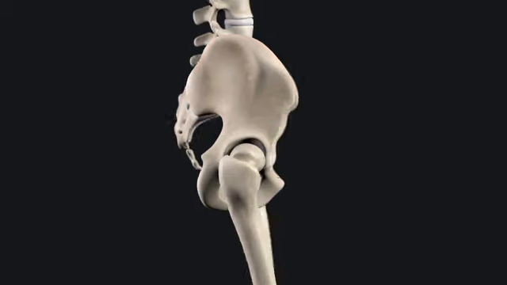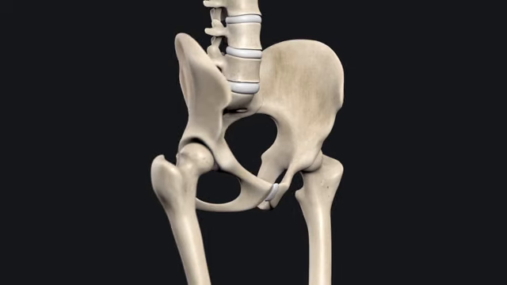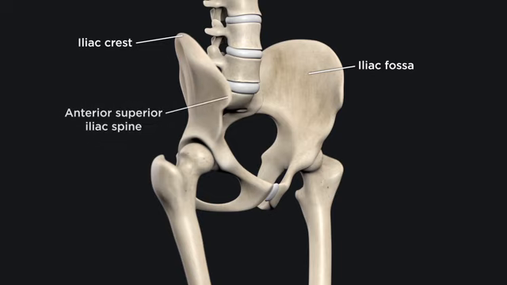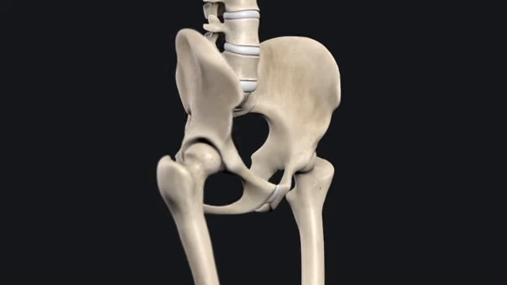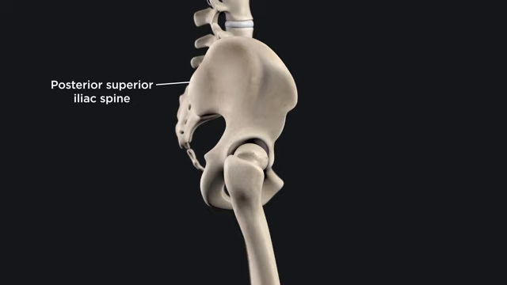Superior to the acetabulum is the relatively flat area of the ilium, known as the iliac fossa. Its superior edge is known as the iliac crest, which terminates anteriorly in an anterior superior iliac spine, often abbreviated ASIS, and terminates posteriorly in a posterior superior iliac spine, often abbreviated as PSIS.